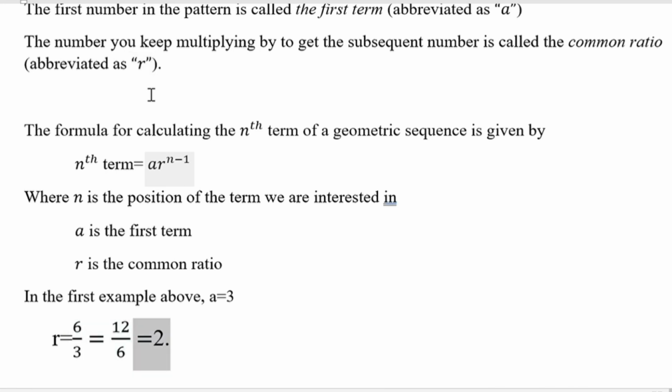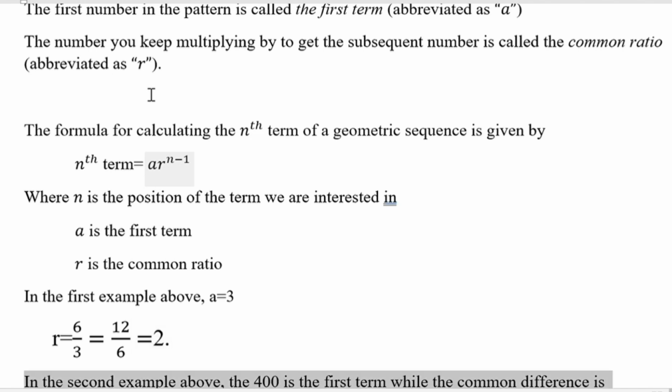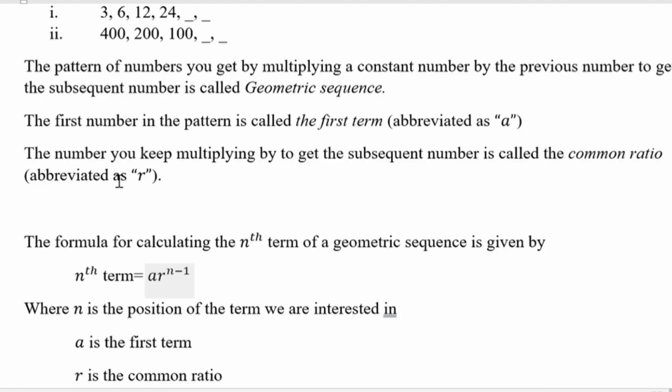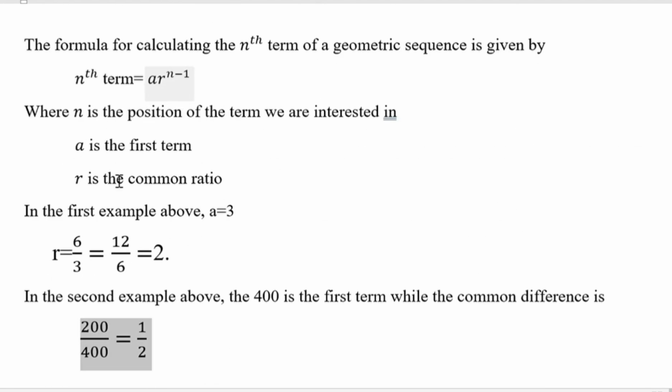And indeed, this is the one we have been multiplying by to get the next term. Now in the second example here, our first term is 400, that's our a, and the common ratio will be gotten by taking 200 divided by 400, or 100 divided by 200, and that will still give you the same result, half.